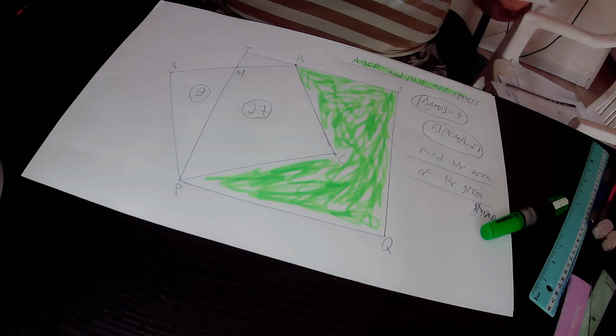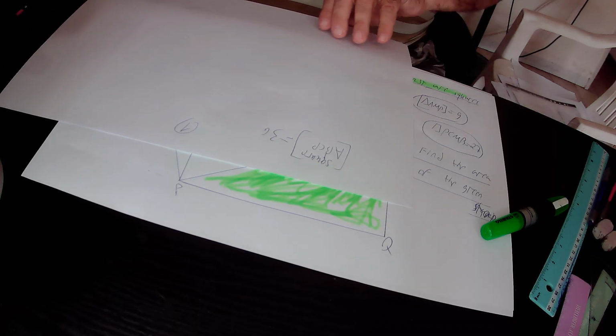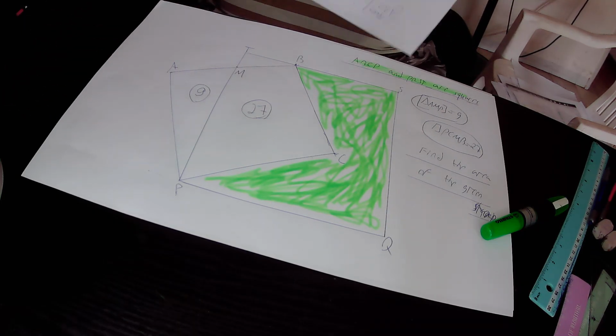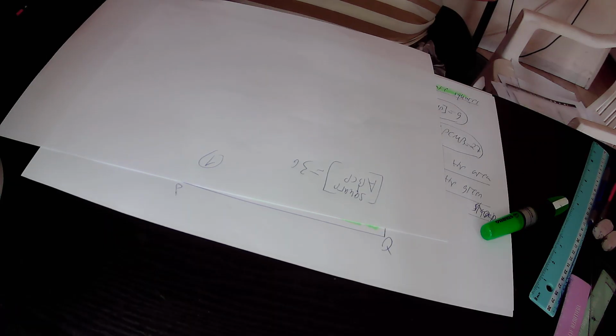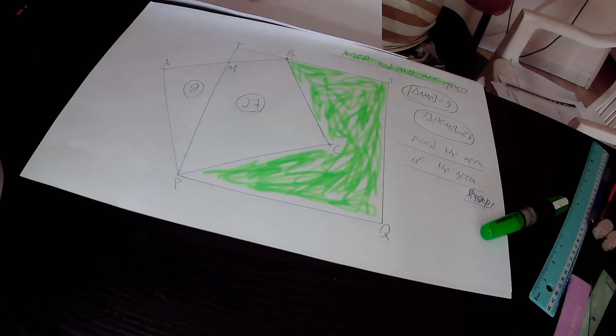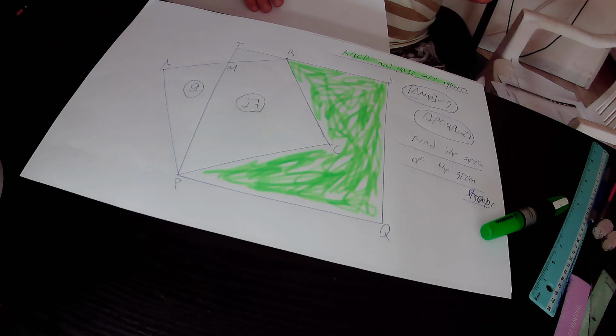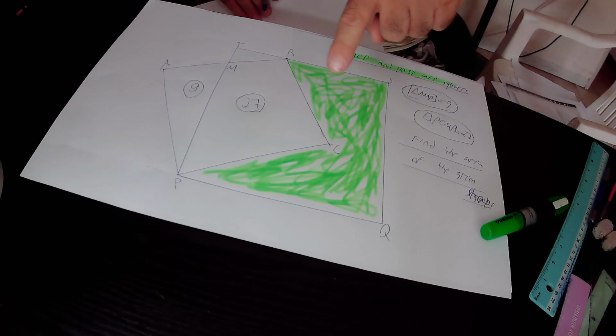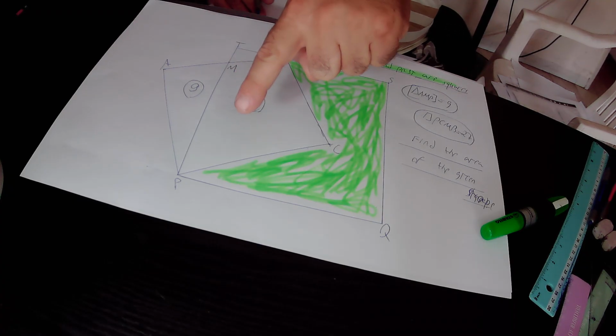Again, the area of this square ABCP is equal to 36 square units from one side, but from the other side, we know that the area of any square equals the length of one side squared, and therefore the area of this square ABCP will be equal to the length of side AP squared.